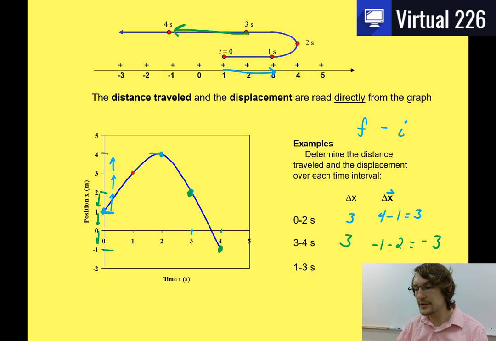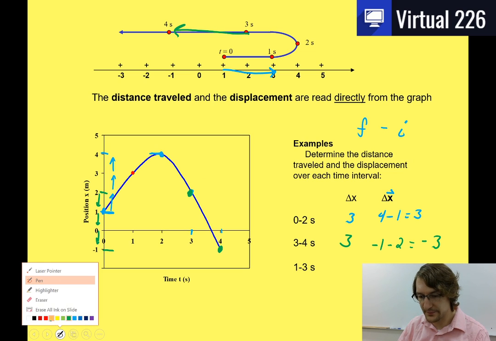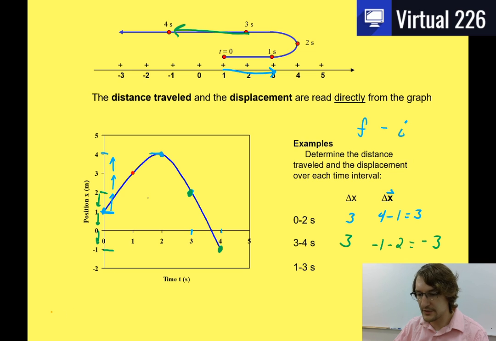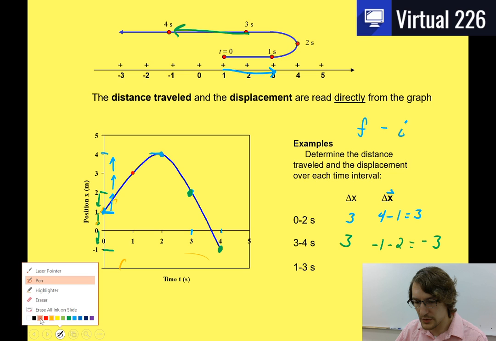If you look at 1 to 3 seconds, things become slightly more challenging. From 1 to 3 seconds, we're looking at a variety of points here. We're looking at, oh, that's a bad color. We're looking at from 1 second to 3 second, which is this point here, and then this point here in red.